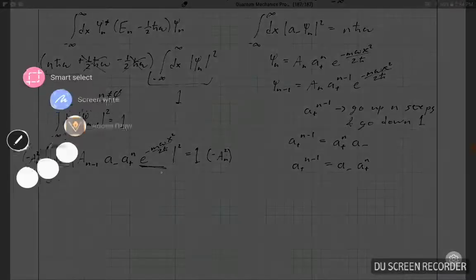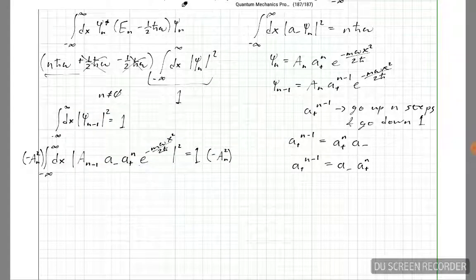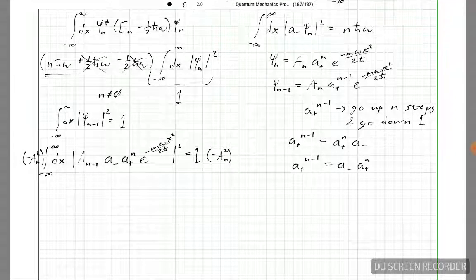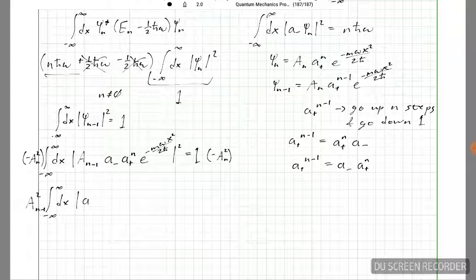If we don't put in that i, then we get into a little bit of trouble with the way this all works out. So we're just avoiding that trouble right now. And I'm going to pull out the n minus 1 squared because that's a constant. I have my lowering operator. I have my an, because now I passed it into the absolute values.